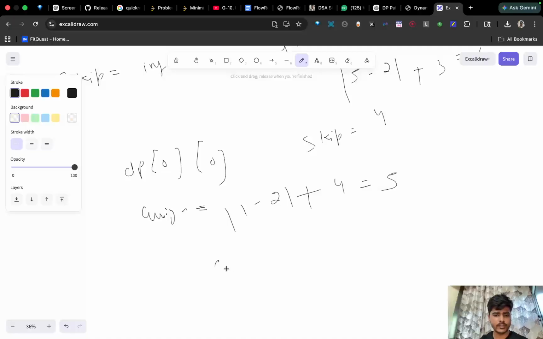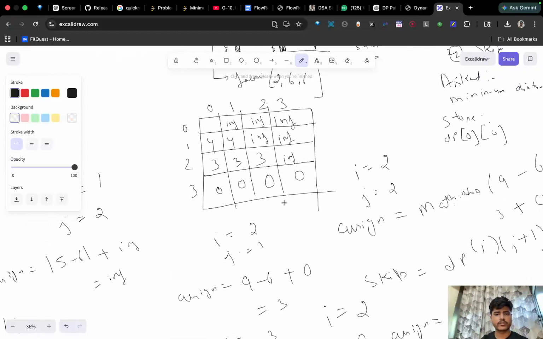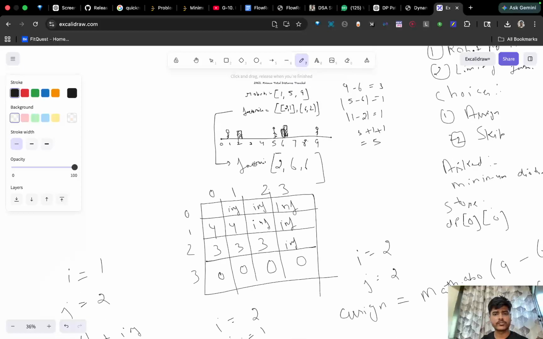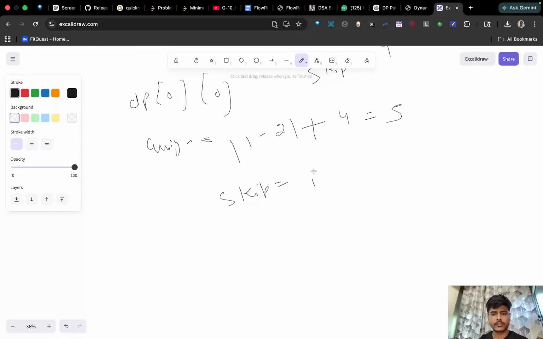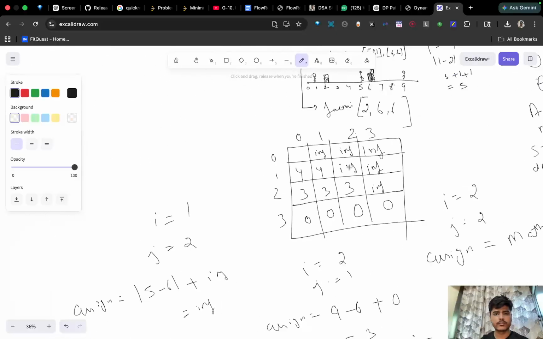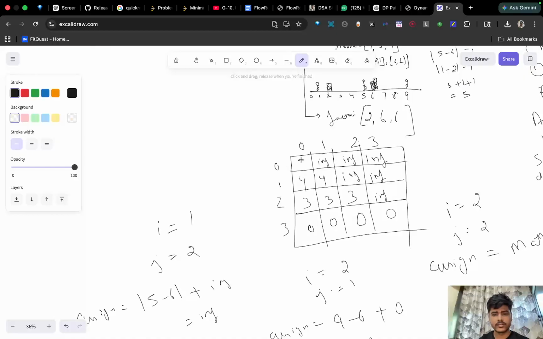And if I skip, that is, I do not assign my first robot to the first factory, in that case I would be borrowing the answer for the first robot from the second factory, and the answer was infinity here, and the minimum of both is 5. So my final answer for this question is 5 here.